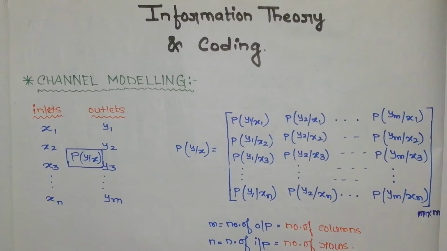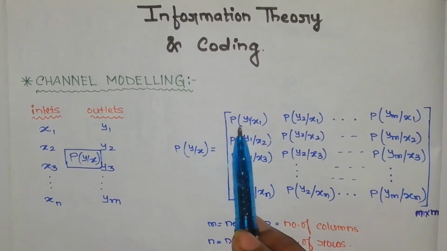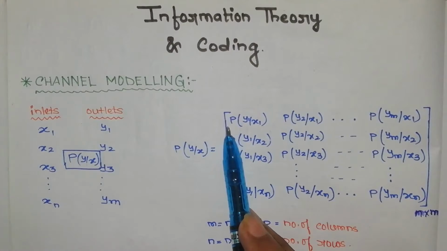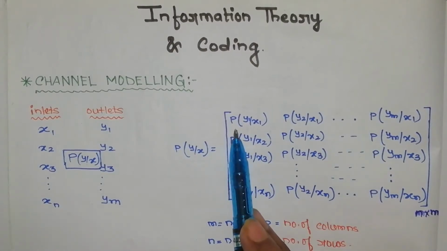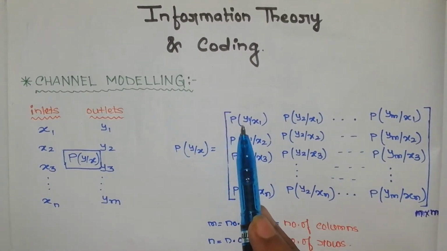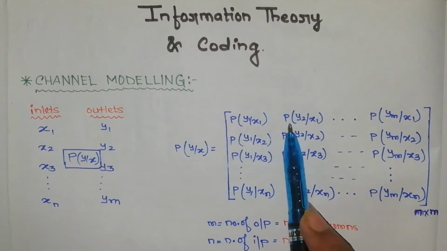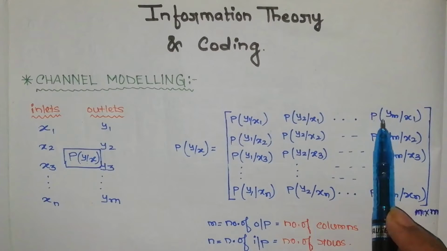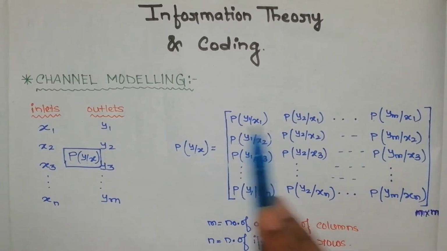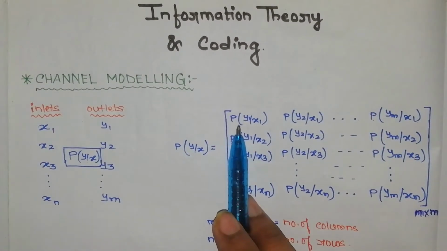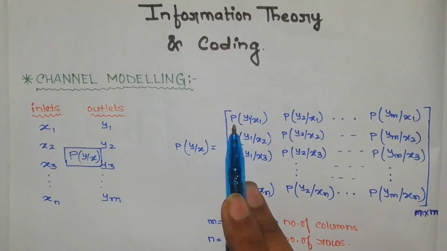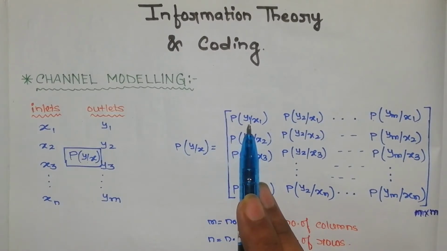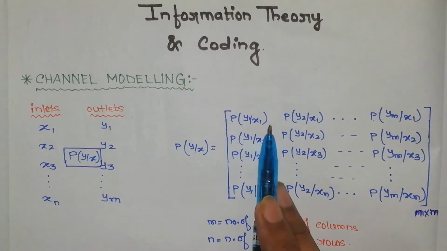So it will have n rows and m columns. In the first row there will be p(y1/x1), the second element is p(y2/x1), up to p(ym/x1). So the first row can be defined as p(yi/x1).